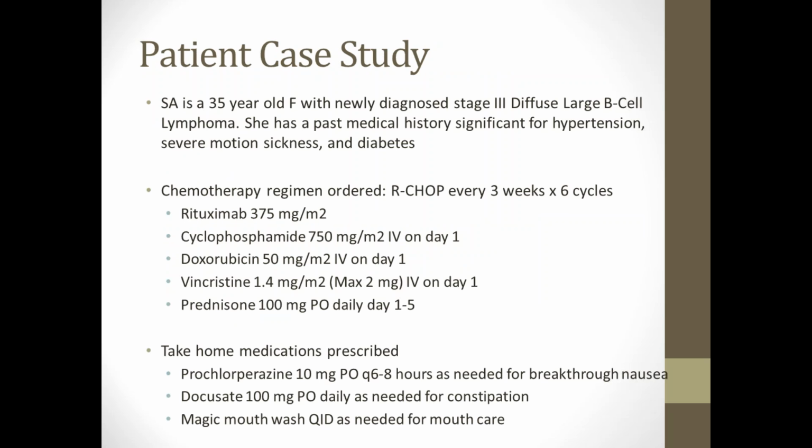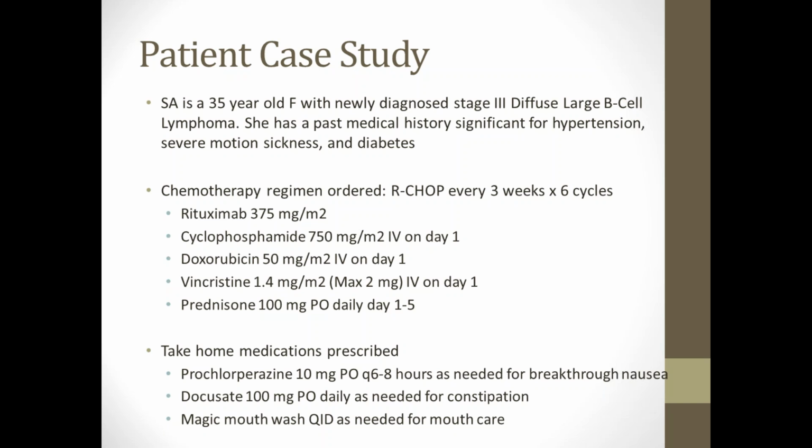I just wanted to run through a patient case study, and we'll have some follow-up questions with it. So SA is a 35-year-old female patient with a newly diagnosed stage 3 diffuse large B-cell lymphoma. She has a past medical history significant for hypertension, severe motion sickness, and diabetes. The physician for SA ordered the chemotherapy regimen called R-CHOP, which is to be administered every 3 weeks for 6 cycles.